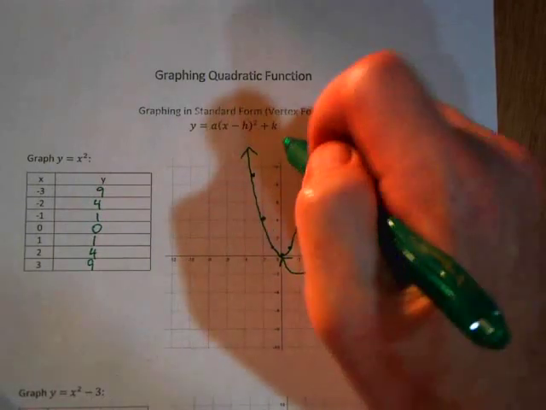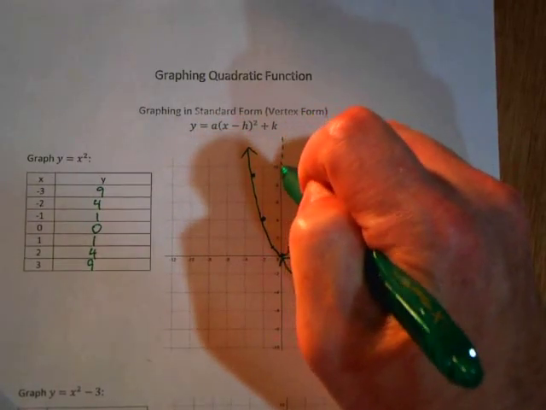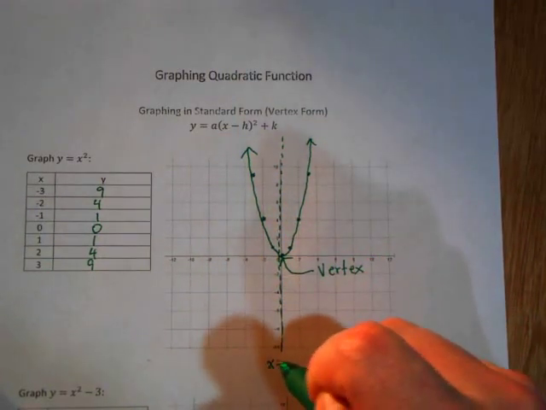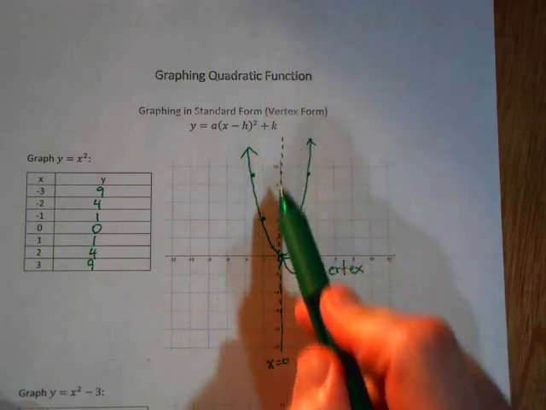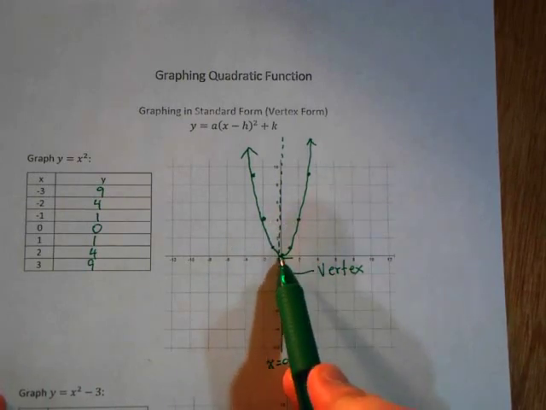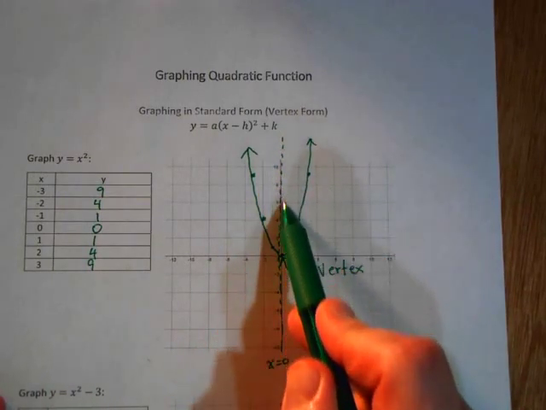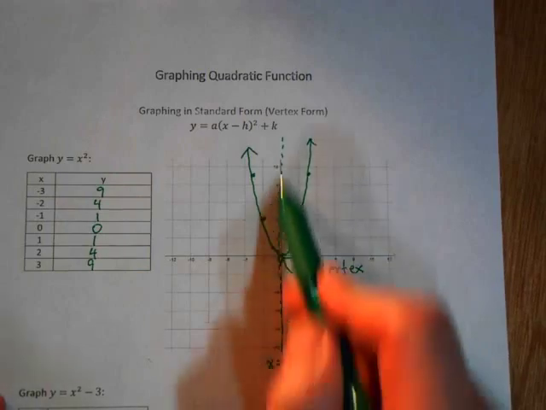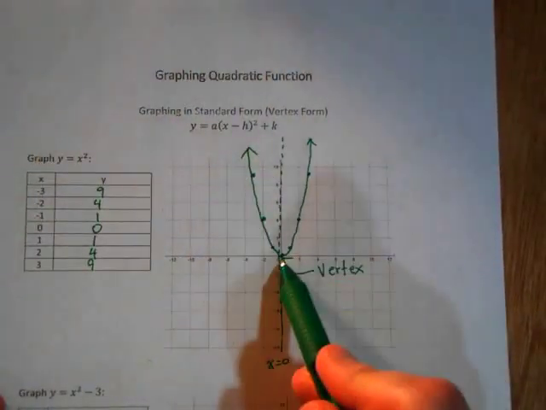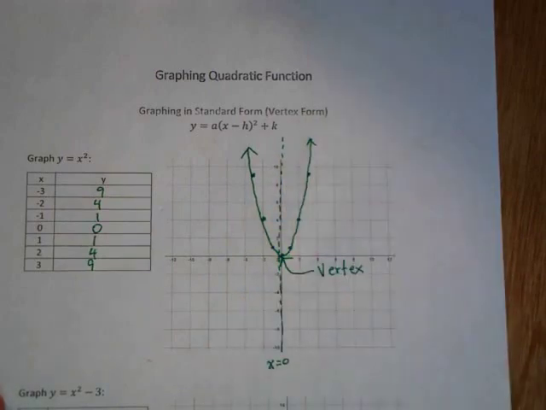And then we also have something that we call the axis of symmetry, which in this case is x equals 0. It's the vertical line that goes right through the vertex. It's called the axis of symmetry because if I could take my piece of paper and fold it right along this line, this side of the graph would match up perfectly with that side of the graph.